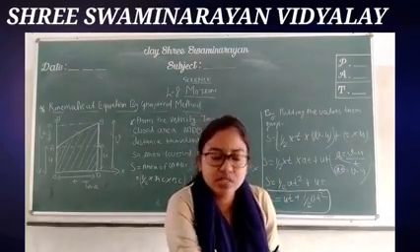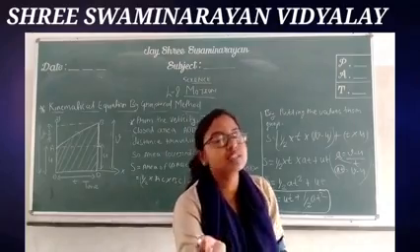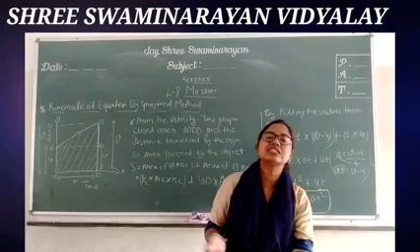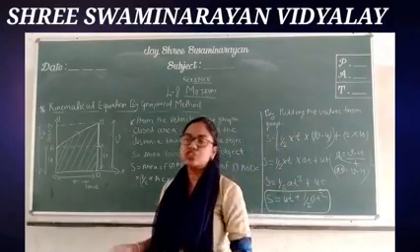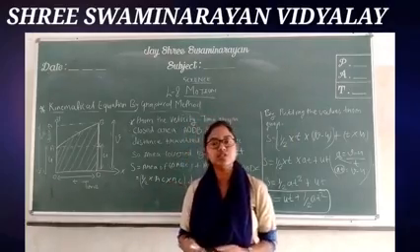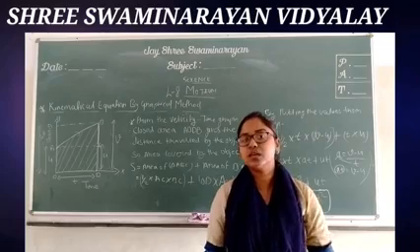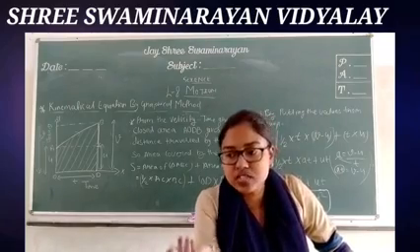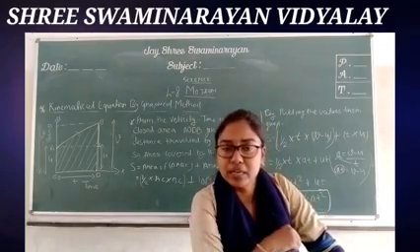Then we have studied some scalar quantities and vector quantities. Then we studied distance, displacement, magnitudes, and speed, that is the total distance covered by the object with respect to time. And yes students, the SI unit of speed is meter per second.